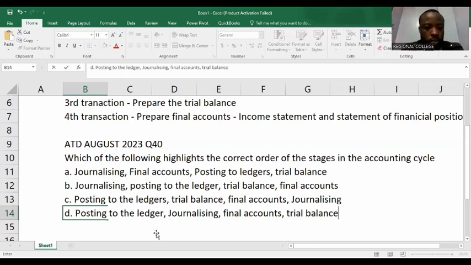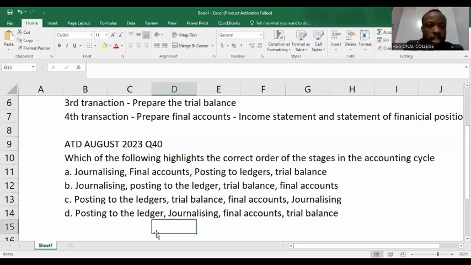So that was the question for August 2023, question 40, for ATD. And nowadays, know that the ATD is coming in the form of multiple choice questions.